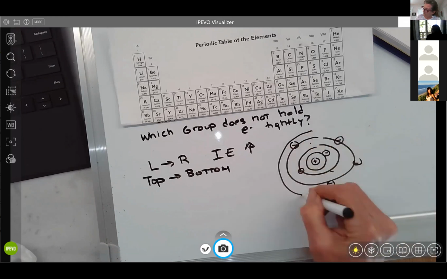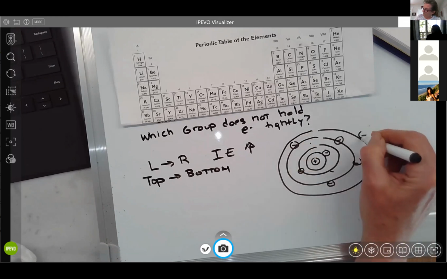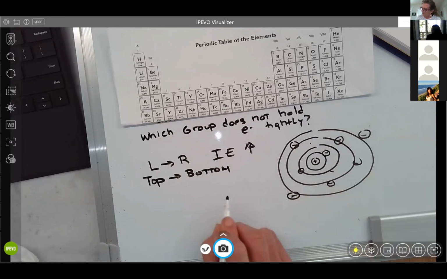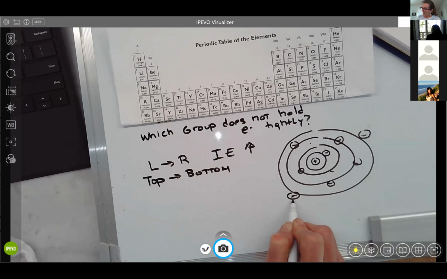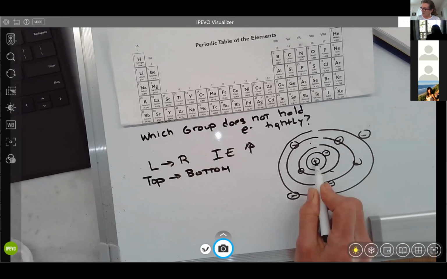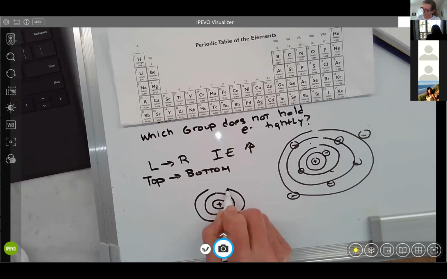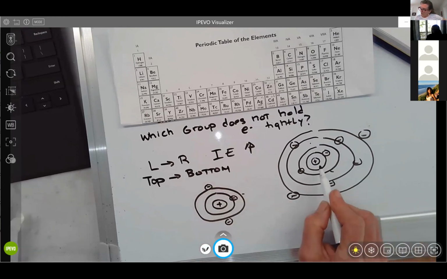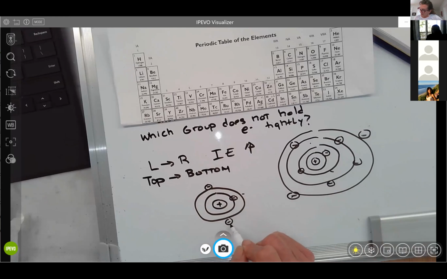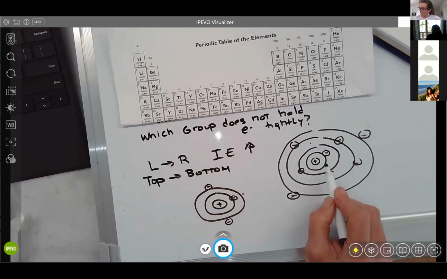So in our outermost shell, the electron is being held to that atom by this positive nucleus. Now imagine an electron that's only in the second shell, and this outer electron is also being held by the positive nucleus.